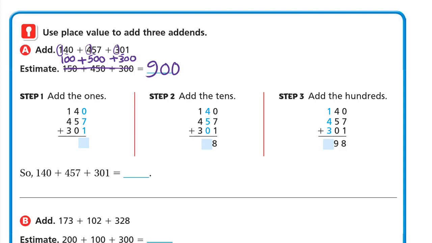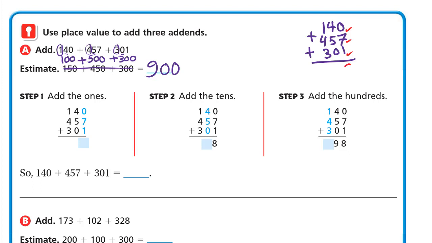Okay, here he did it in 3 steps and we can do it in 1 step like this. So 140 plus 457 plus 301. First, let's add the ones. So 0 plus 7 plus 1. 0 plus 7 is 7.